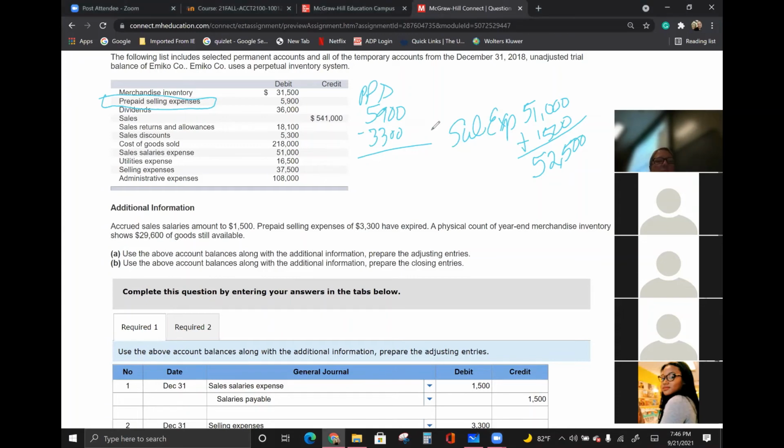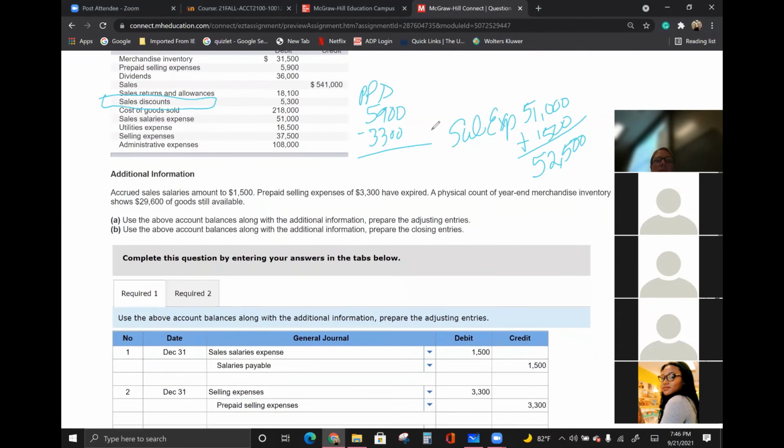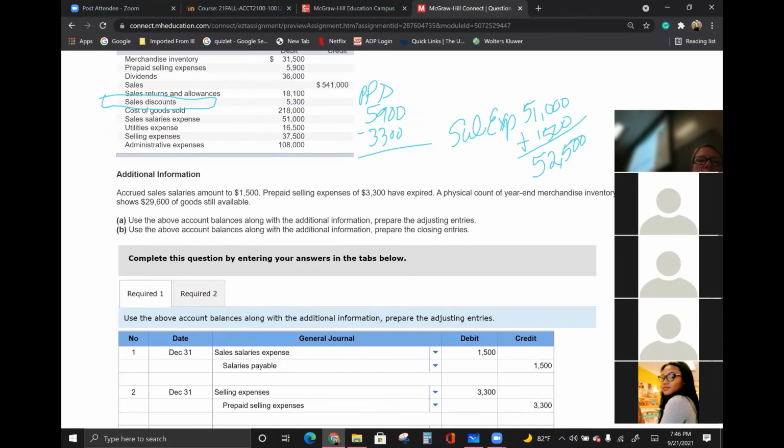So let's look at the journal entry. Selling expenses, 3,300. Prepaid selling expenses, 3,300. So my balance in that prepaid account is reduced by the 3,300. So I'm going to put 5,900 less 3,300 to come up with my balance, 2,600. I'm just kind of keeping track of the adjustments as we go. You can do the journal entries first and then go back and do that if you want.